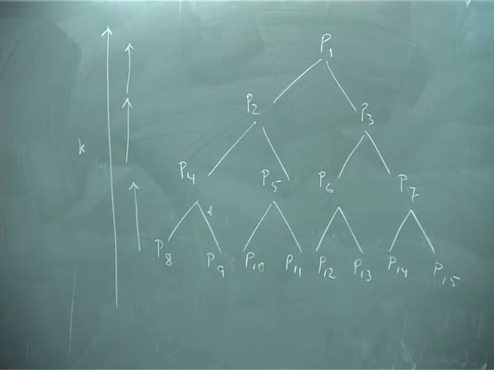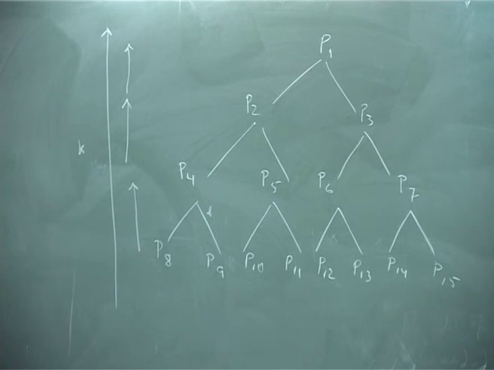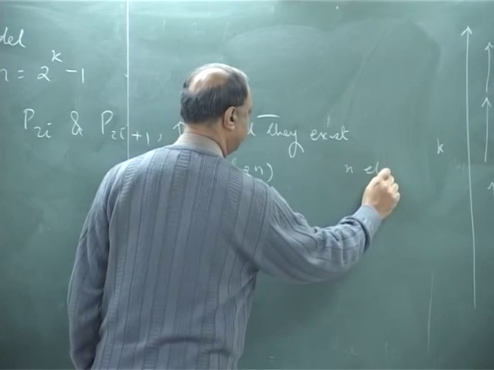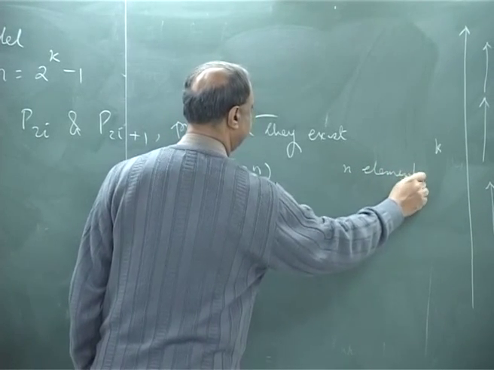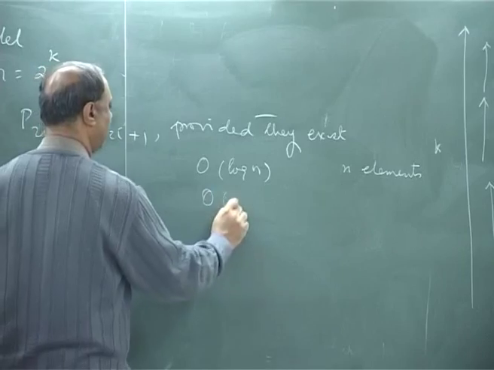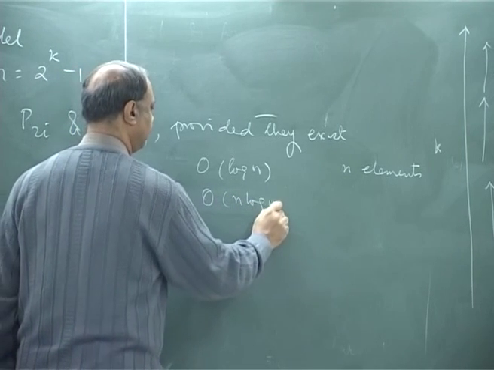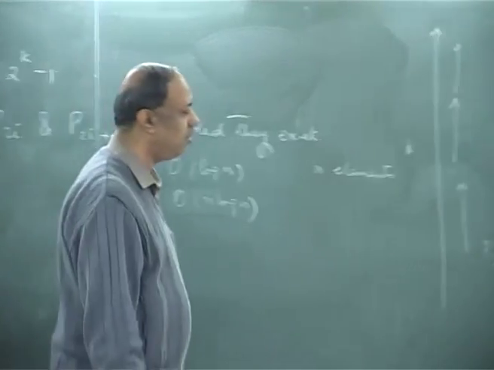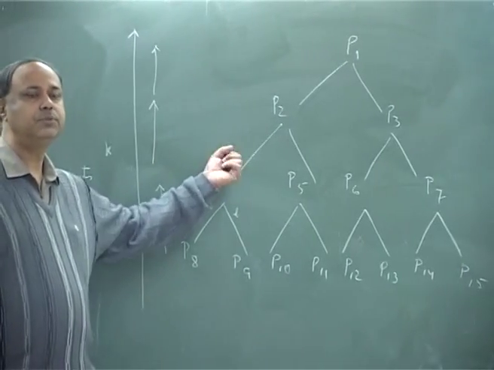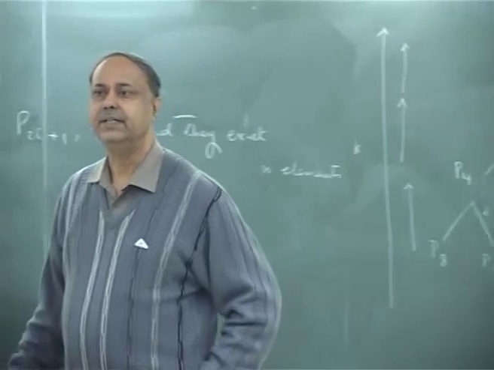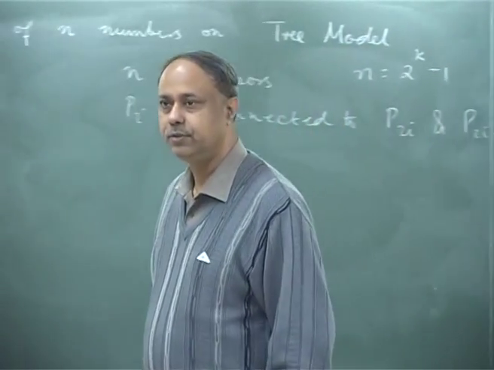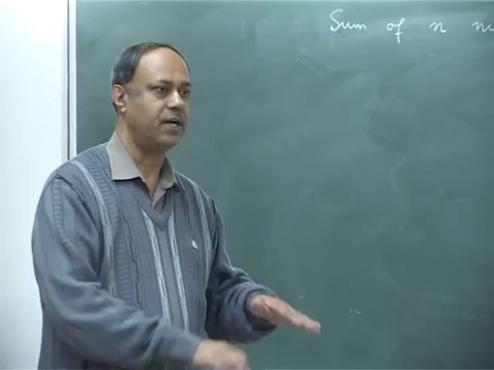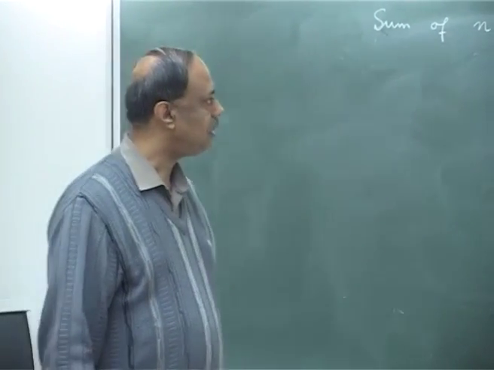So you have order log n time to find the sum of n elements. So cost is order n log n. So you remember this cost is increasing because most of the processors are remaining idle at every iteration. So you have to make these people busy so that the cost comes down.